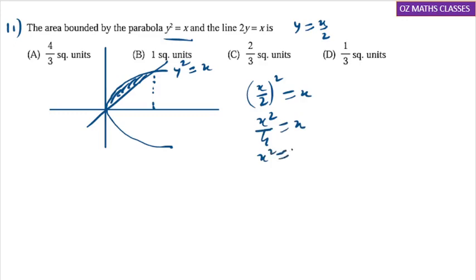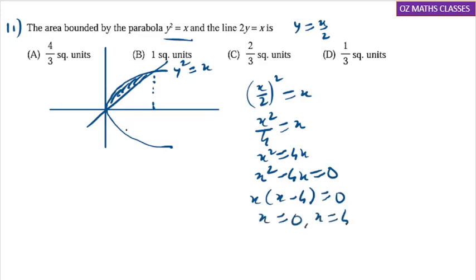So x square equal to 4x. Take the 4x to the same side and take x common. So x into (x minus 4) equal to 0. So x equal to 0 or x equal to 4. So 0 will be here and 4 will be here. Means your limits will be 0 to 4.